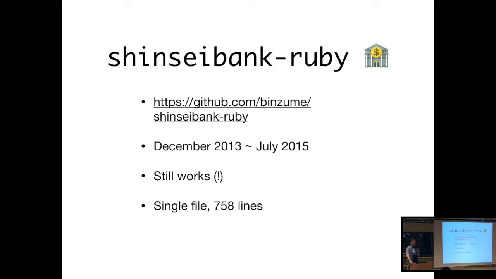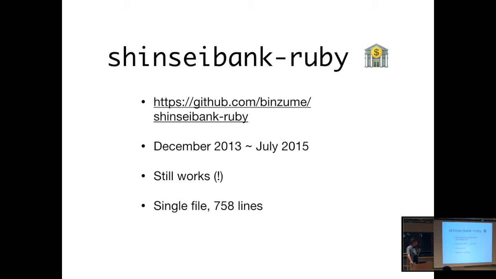Shinsei is not changing their internet banking so much, so that's good for us. The initial version is actually not a gem, it's just a huge file with many methods to log in on my Shinsei internet banking, check my operations, or issue a transfer, for example.